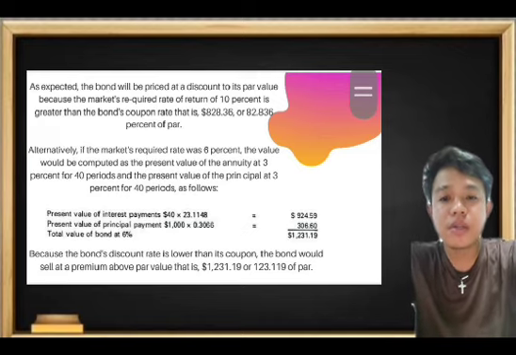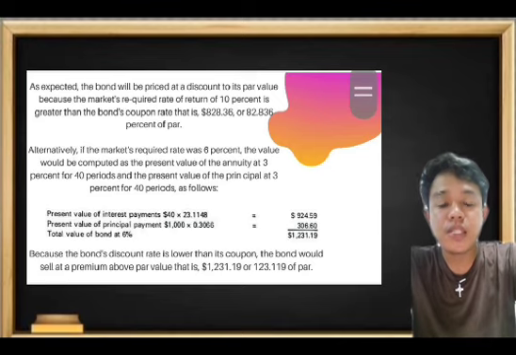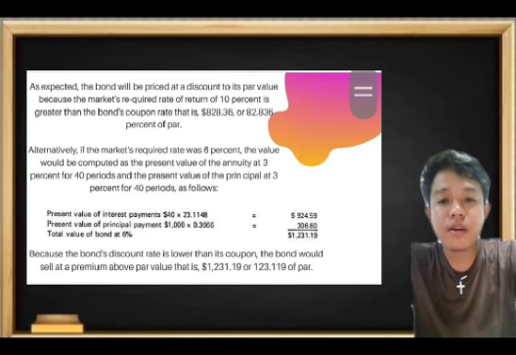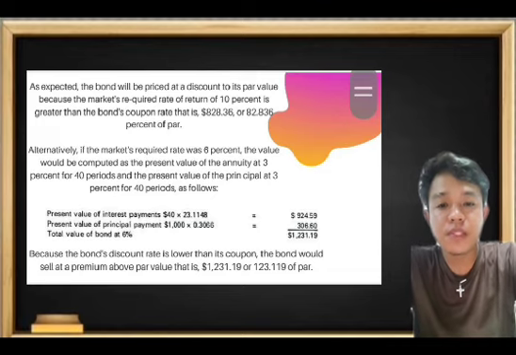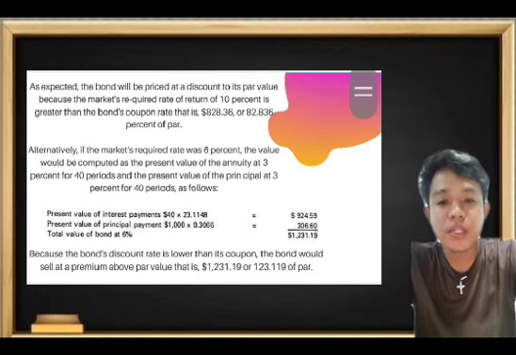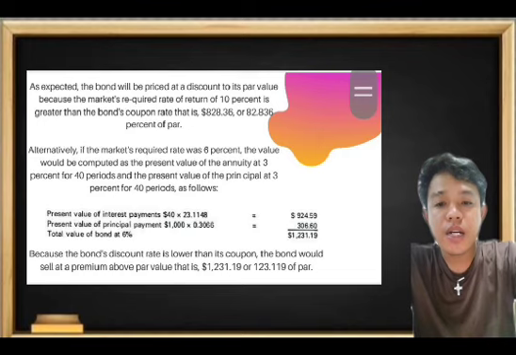Alternatively, if the market's required rate was 6%, the value would be computed as the present value of the annuity at 3% for 40 periods, plus the present value of the principal at 3% for 40 periods, as follows.